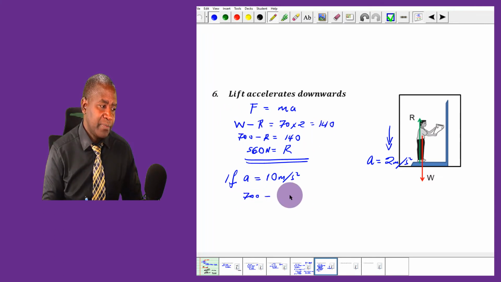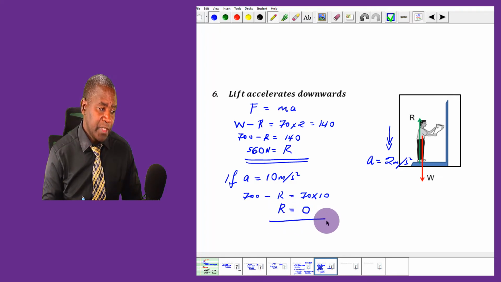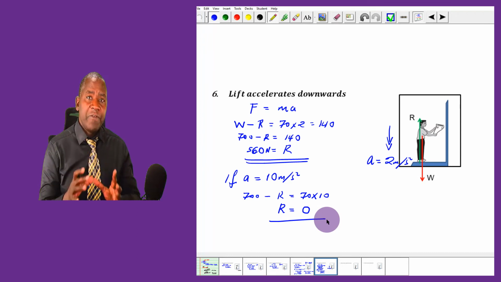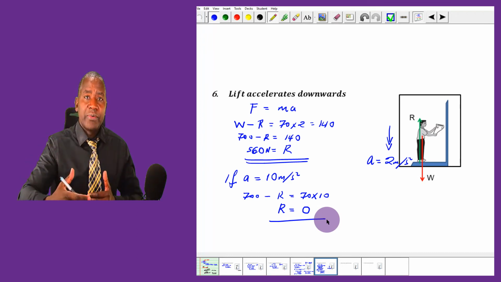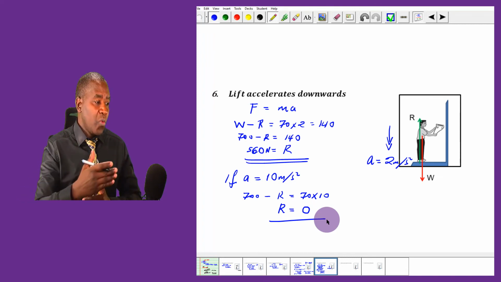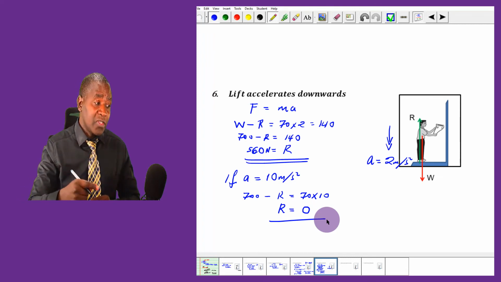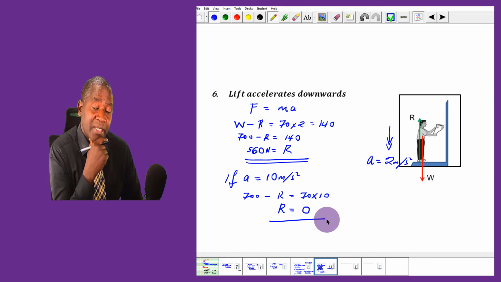W minus R is going to be equal to 70 times 10. And when I rearrange, I'm going to get my value of R to be 0. Again, this person will feel weightless. Your balance will read 0 when the acceleration of the lift downwards is 10 meters per second squared.